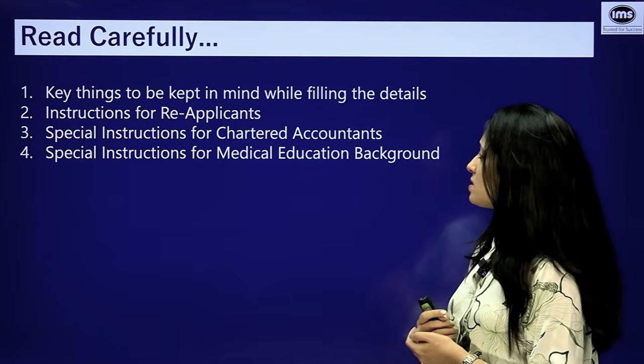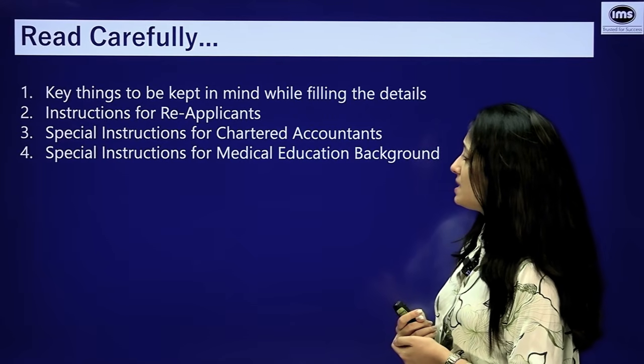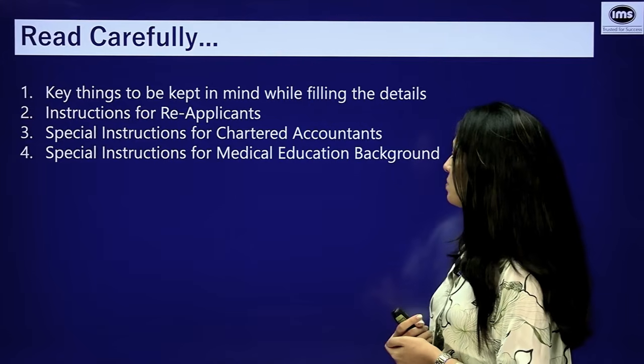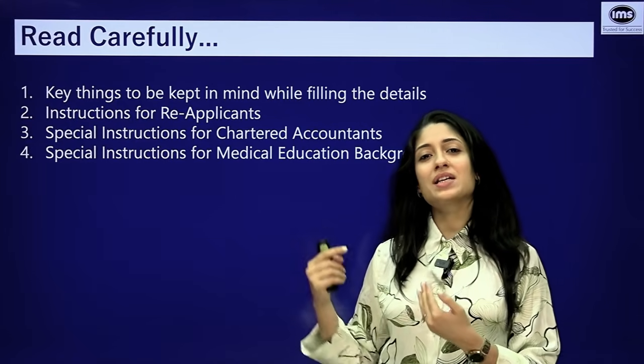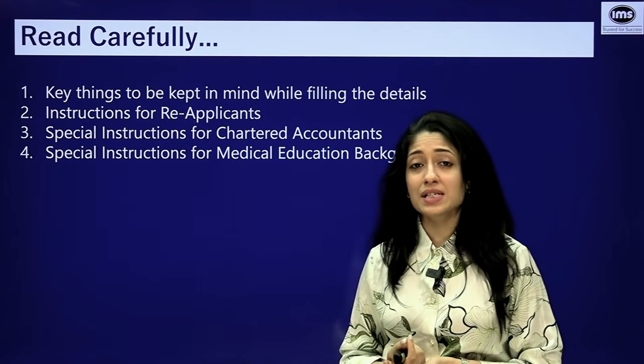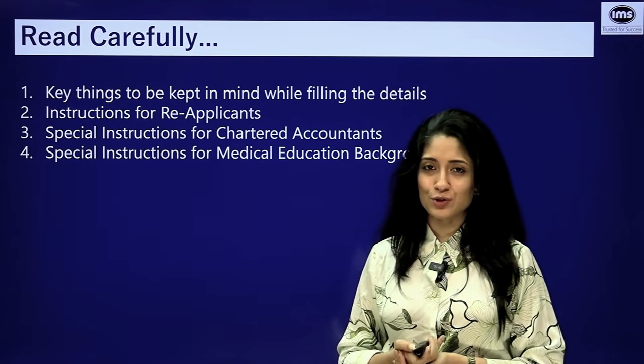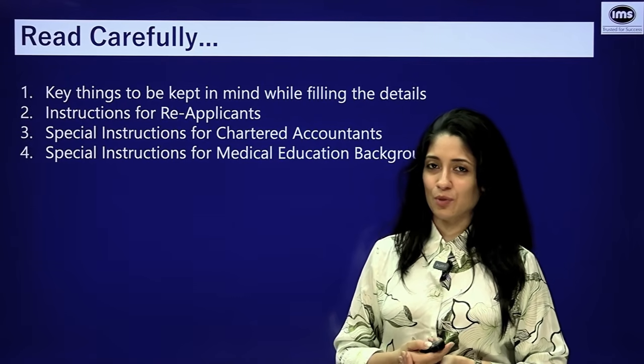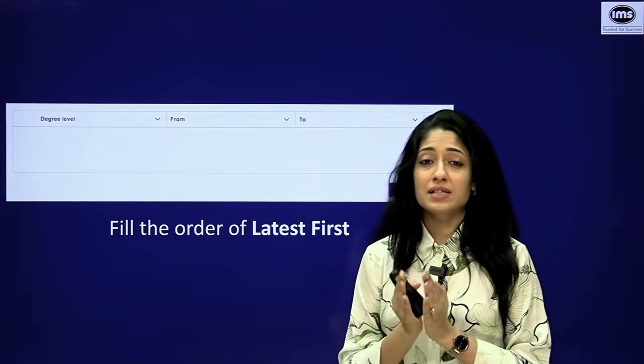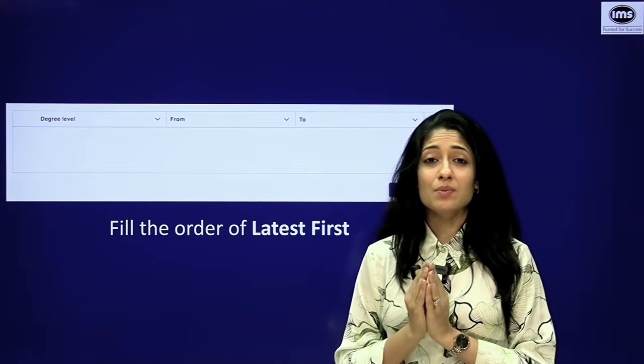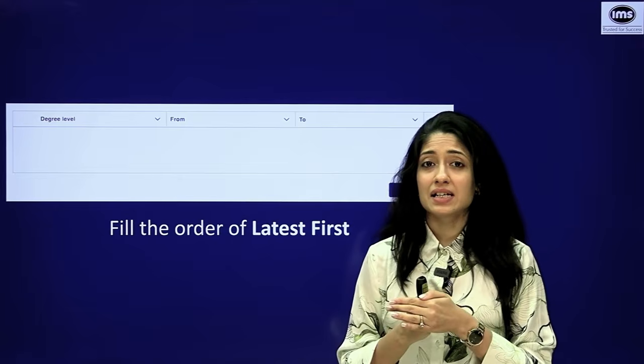There are also special instructions for chartered accountants and special instructions for medical education background. So in case you fall in any of these categories, make sure that you go through the instructions before starting the form filling.